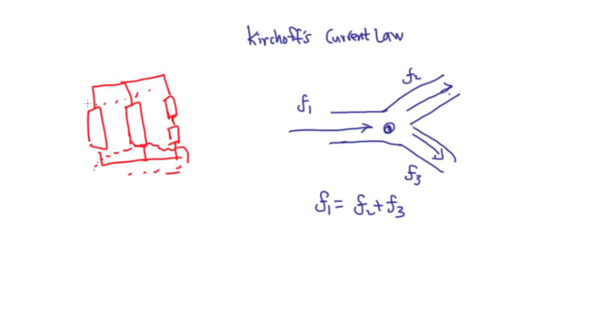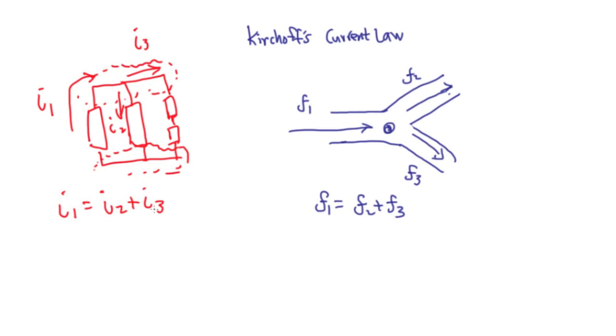This is one of the top nodes. The idea is that all the current that goes in here or goes in here must equal the current that goes out, like that. So if I say this is current 1, this is current 2, and this is current 3, I know that current 1 is equal to current 2 plus current 3. That is inherently the idea of the Kirchhoff current law.